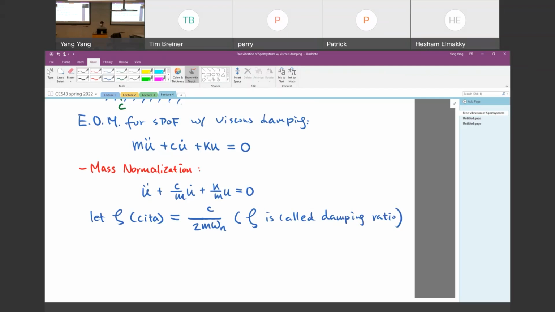So if I have theta equal to C over 2 times m times omega n, we should be able to have C over m equal to 2 times omega n times theta.